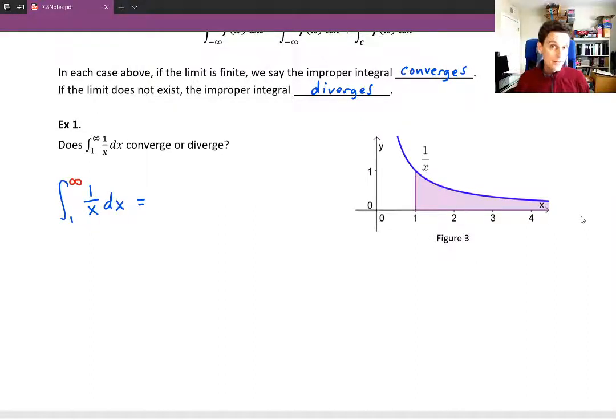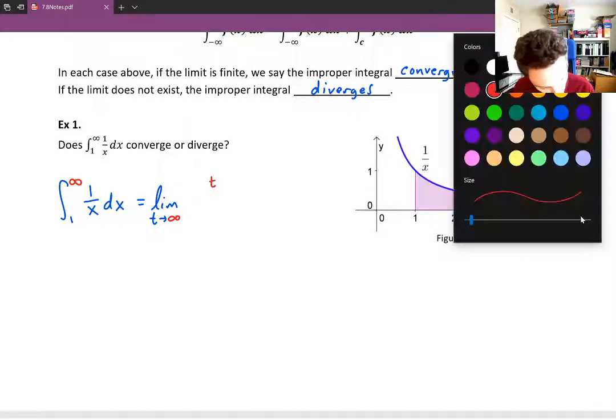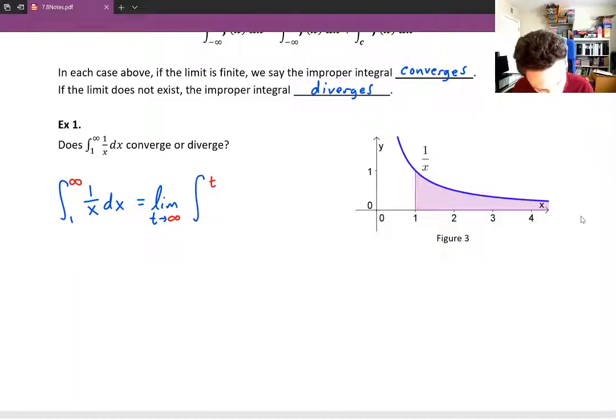Now again, the first step in these improper integral problems is to replace the infinity with a letter, like we're going to use t, and then take the limit as t approaches infinity. So we'll have the limit as t approaches infinity of the integral from 1 to t of 1 over x dx.